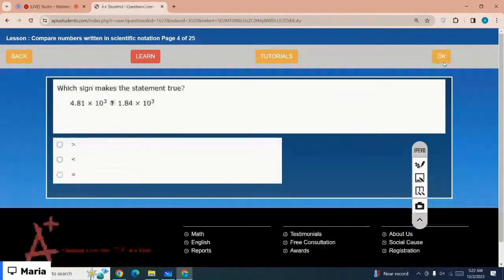Okay, which sign makes the statement true? Which is the correct option? 4.81 times 10 exponent 3, you have to compare it to 1.84 times 10 exponent 3. So which is the correct option?